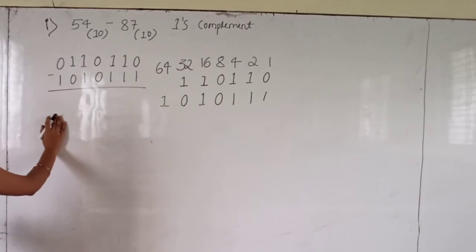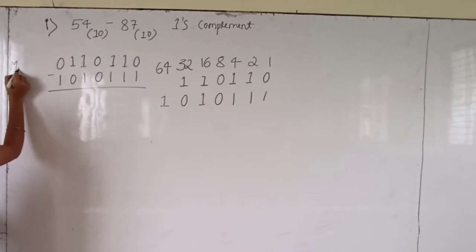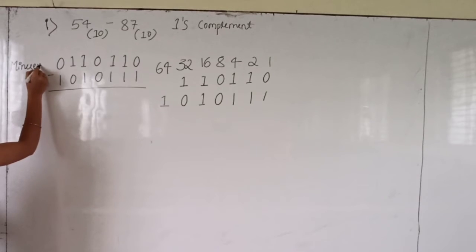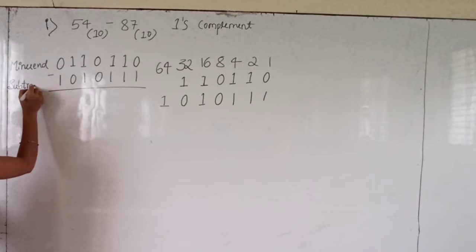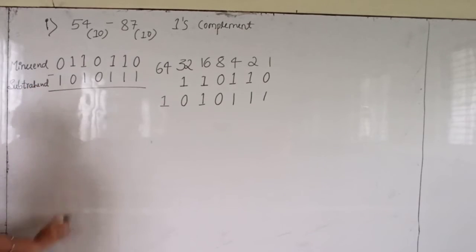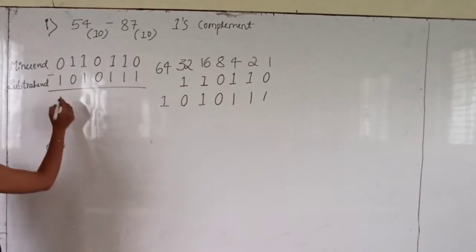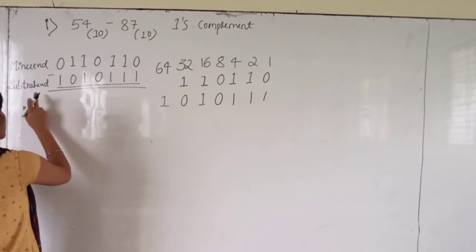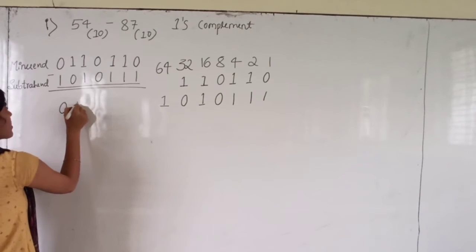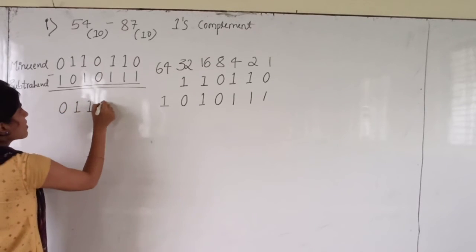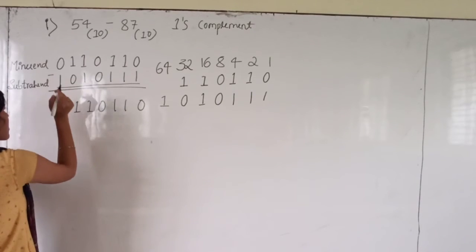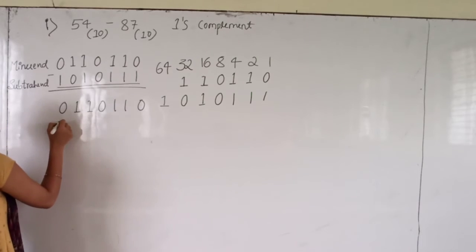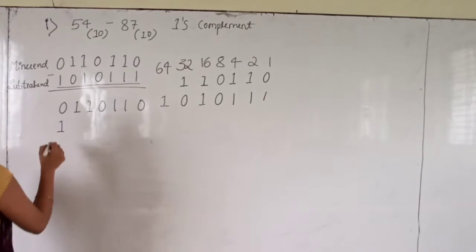This is our main subtraction. This is the minuend, and this is the subtrahend. Subtraction using 1's complement means you first take the 1's complement of the subtrahend. The minuend stays the same, and the subtrahend becomes its complement: just interchange 1 to 0 and 0 to 1.